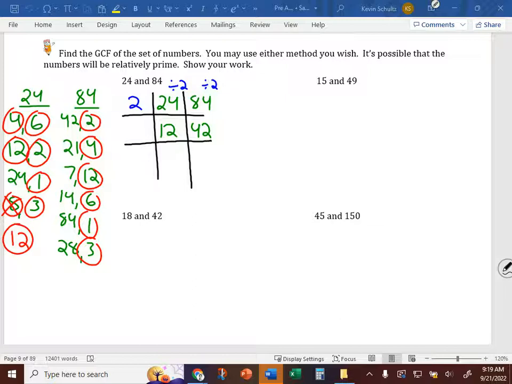Penelope. 6 does. Okay? You might recognize 6 goes into 12 and 42. And so when we divide 12 by 6 and divide 42 by 6, that gives us 2 and 7. And how do we know we've reached the end of the table? Well, because we know the answer is 12, right?